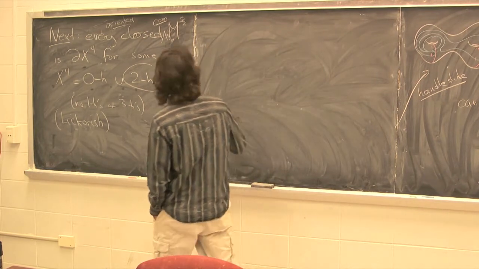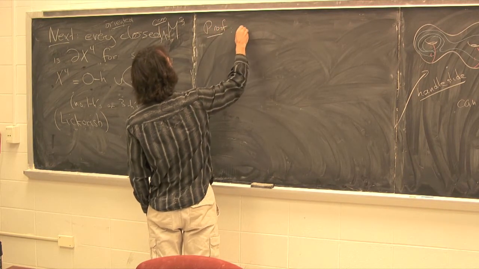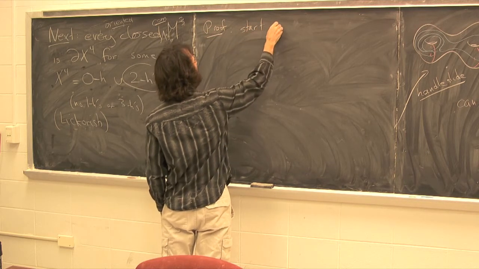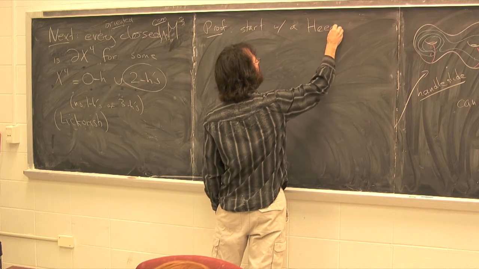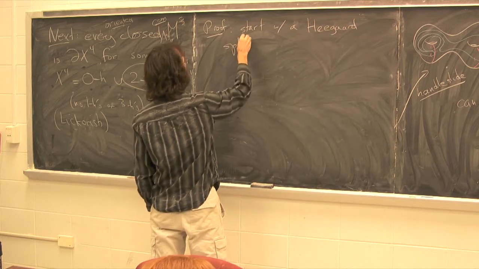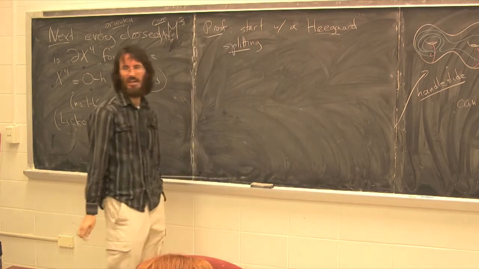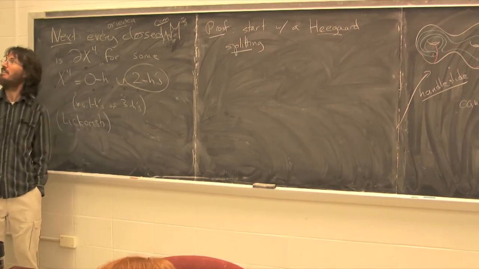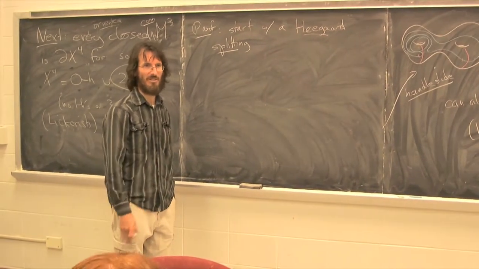Okay. So the proof of this is, start with a Heegaard splitting. Now I said Heegaard splitting, not a Heegaard diagram. So now I'm going to forget that the Heegaard splitting comes from Morse theory, right?